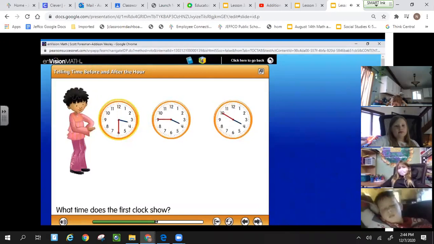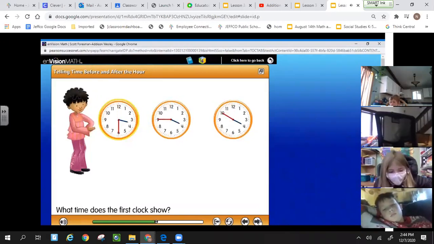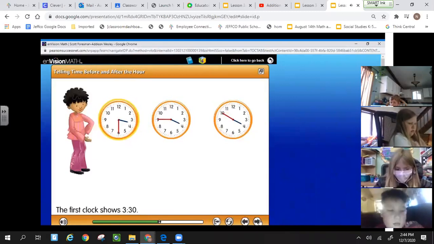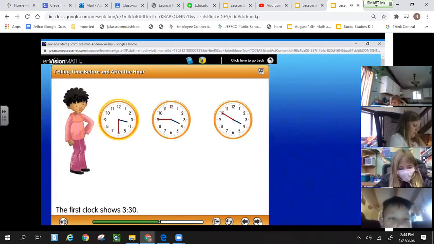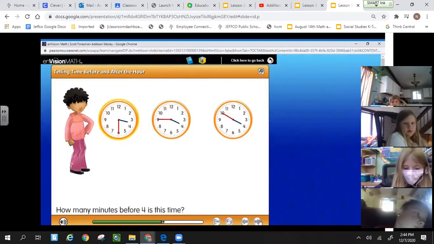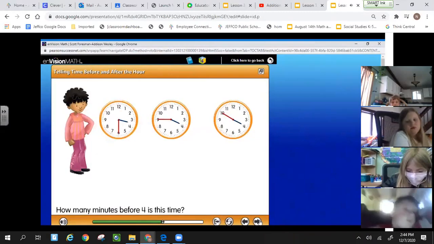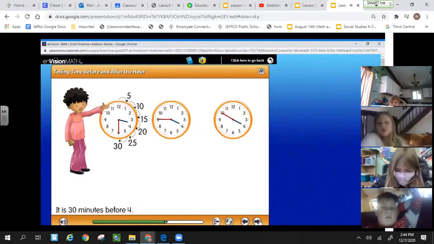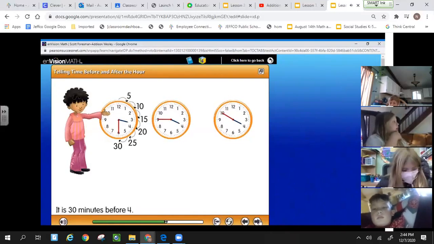What time does the first clock show? The first clock shows 3:30. How many minutes before 4 is this time? It is 30 minutes before 4.